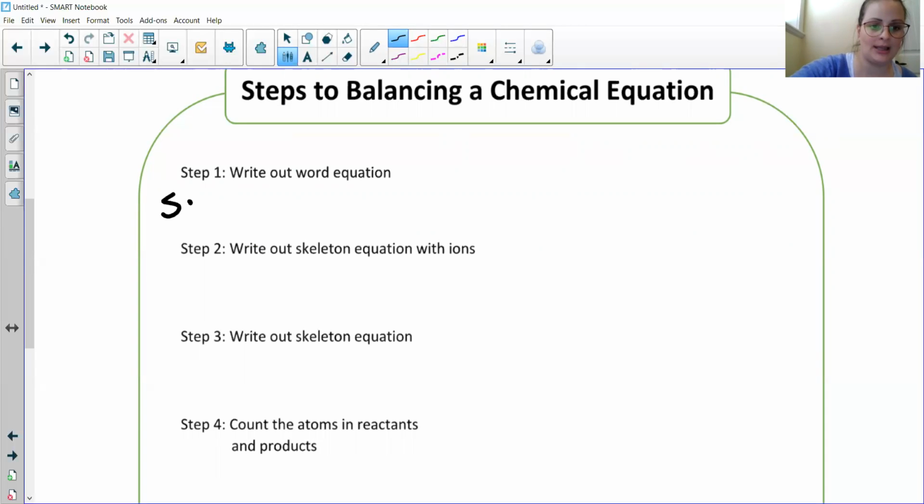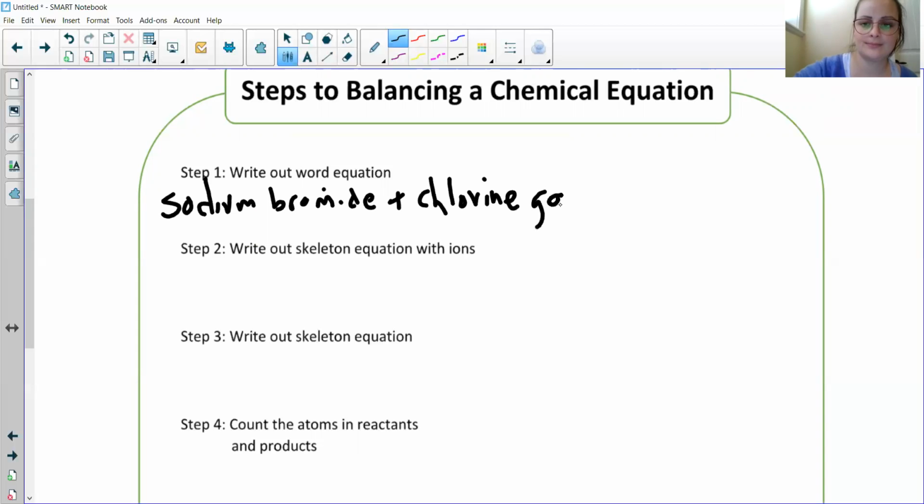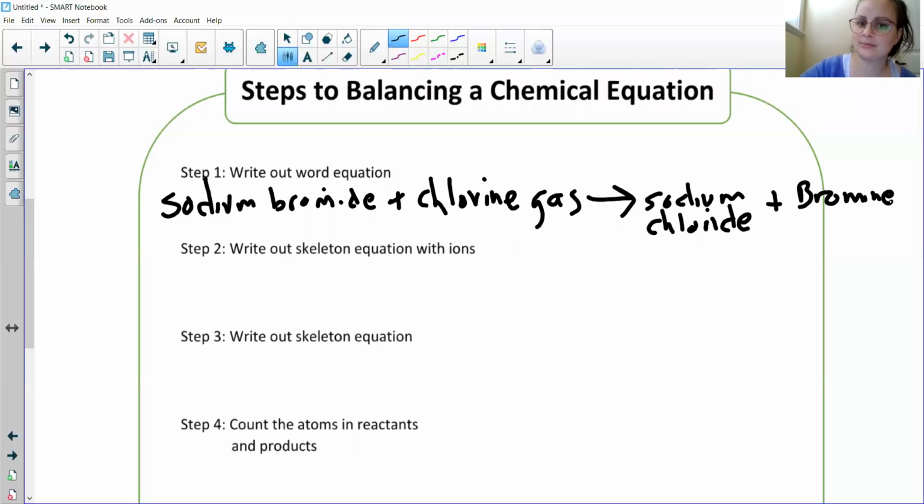So we have sodium bromide plus chlorine gas reacts to produce, we can put a little arrow there, sodium chloride and bromine gas. Okay, so here's me taking the important stuff out of that equation.